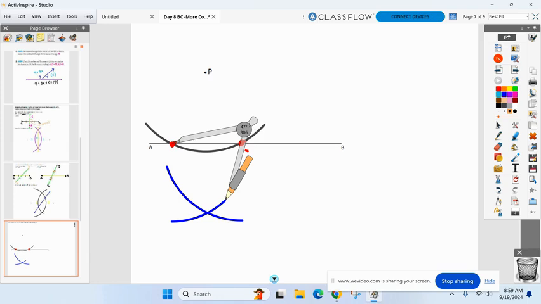So go from each point of intersection, make two arcs that intersect each other. And the hope is that intersection point lines up beautifully right below P. And see if you can put correct markings on your diagram based on what I asked you to do here.